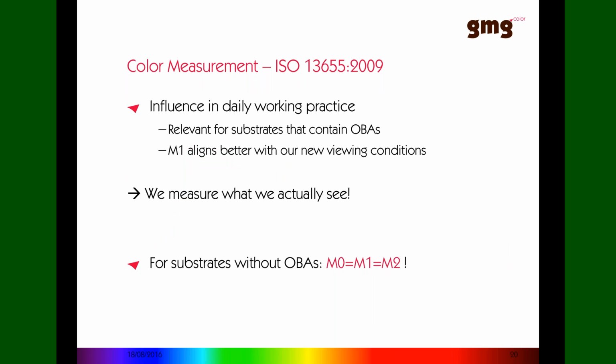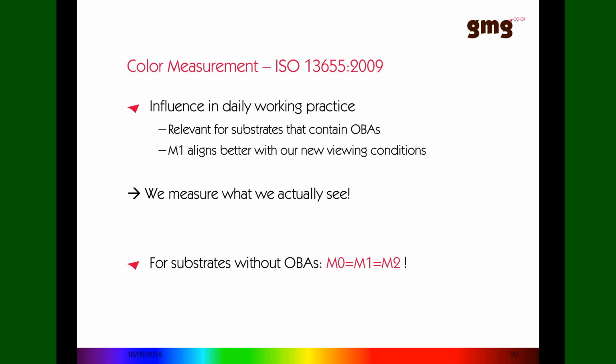Now, what influence does this new M1 measurement condition have on our daily working practice? It's relevant mainly for substrates that contain optical brightening agents. If you have substrates or inks that have OBAs inside, then the M1 measurement condition and the viewing on the new norm light will have a nice match, a nice result.